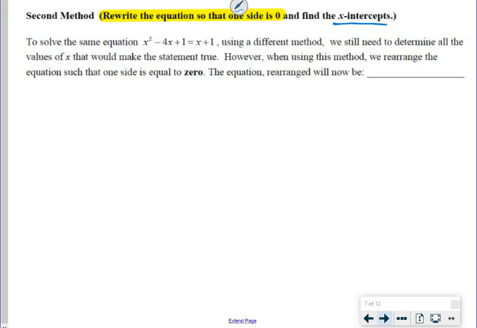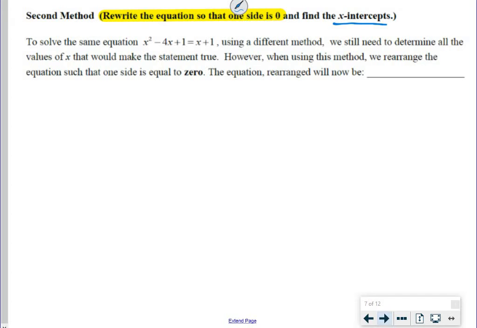So to solve the same equation, x squared minus 4x plus 1 equals x plus 1, we still need to determine all the values of x that would make the statement true. However, when using this method, we rearrange the equation such that one side is equal to 0.